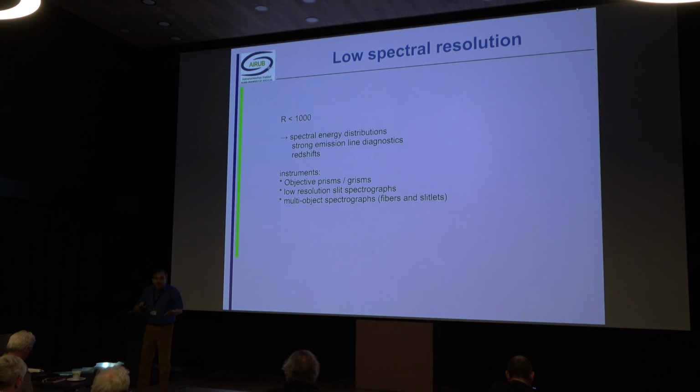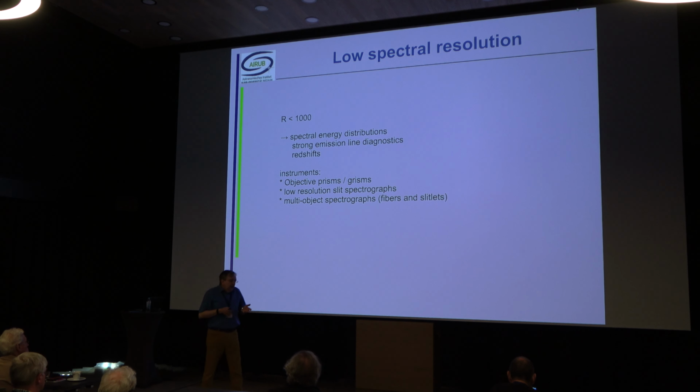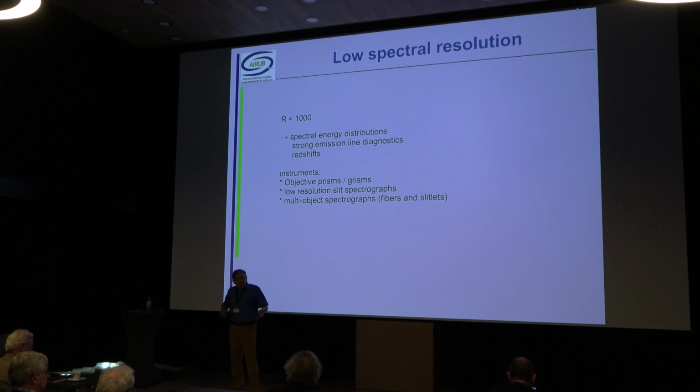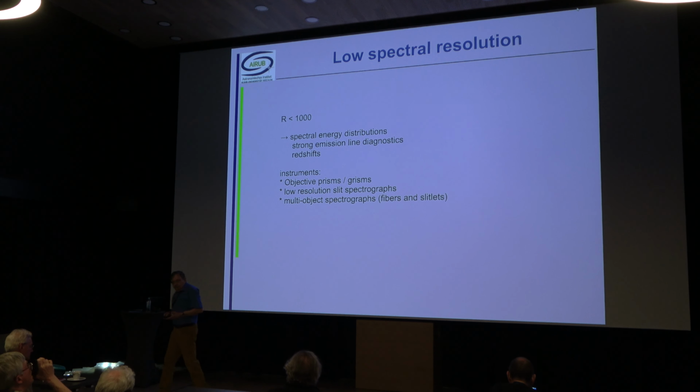You see strong emission lines, you see strong breaks in the stellar continuum, but you don't easily see a lot of absorption lines. So what is the typical use for that? Well, obviously, this was an important source for rough spectral classification, finding emission line objects, and getting redshifts.